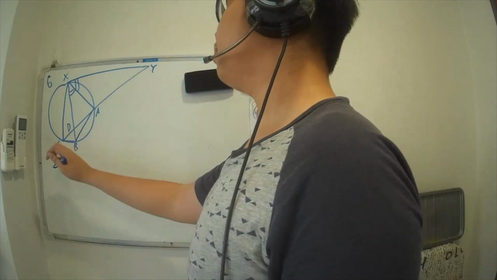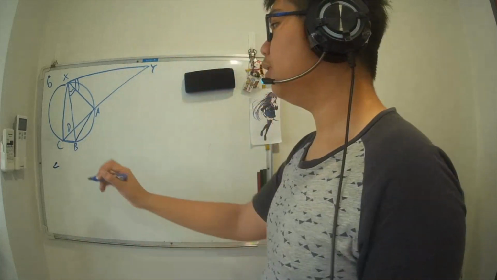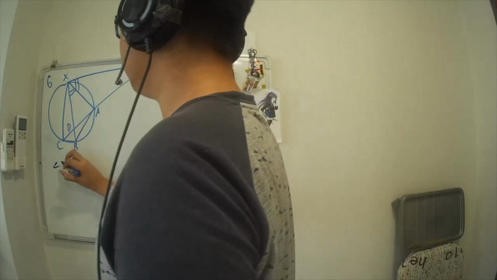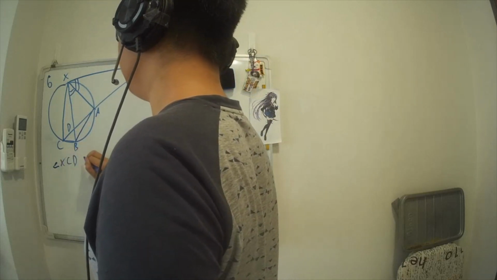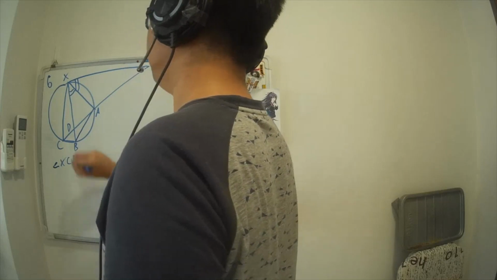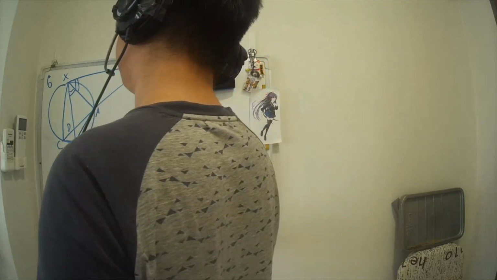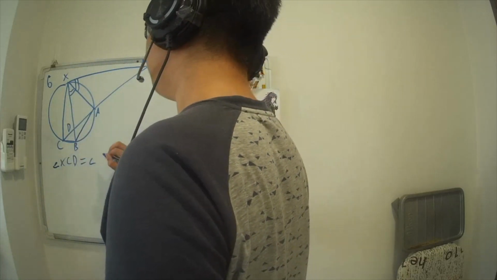We know that this angle is this angle because of the bisector. So angle XCD is equal to angle, the order of labeling matters in this case, angle ACB.